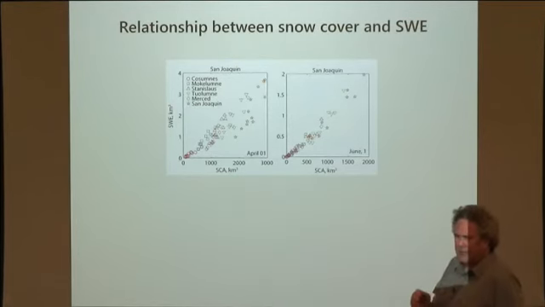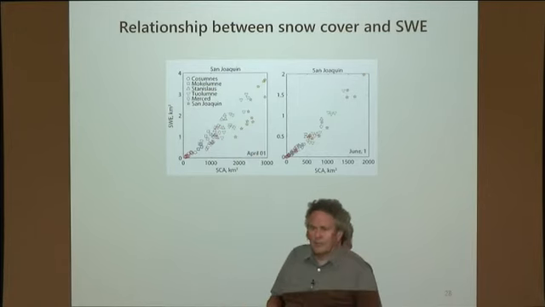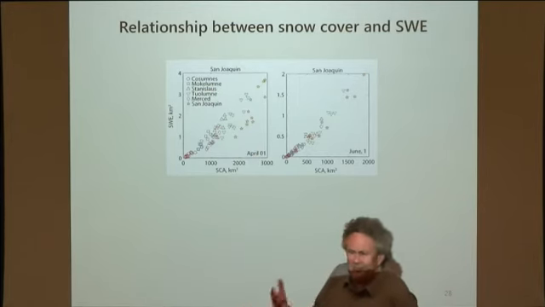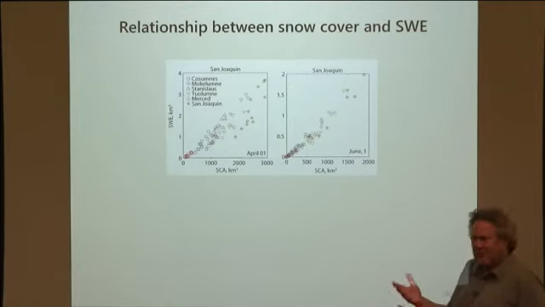I think you would expect that, because in April there could be a lot of snow, the accumulation season has just finished, there may be occasional storms going on. So there's a lot of snow that may or may not be very deep. Whereas in June, what's left was pretty deep, right?